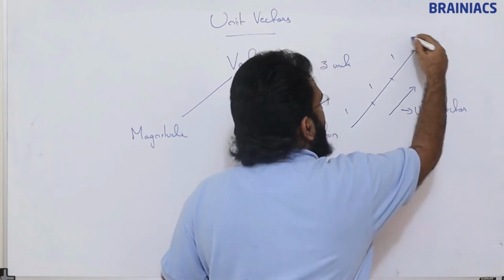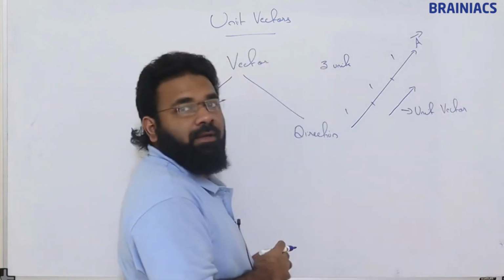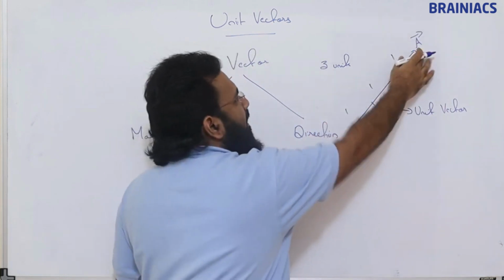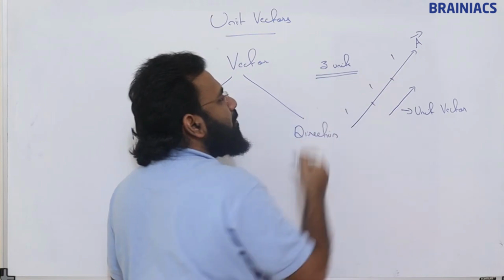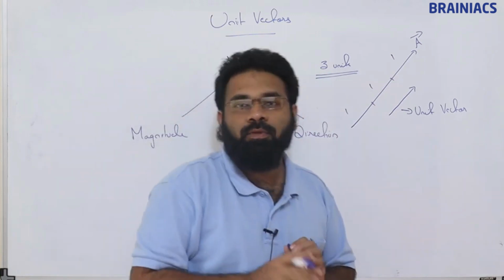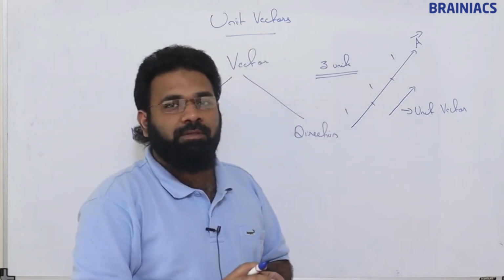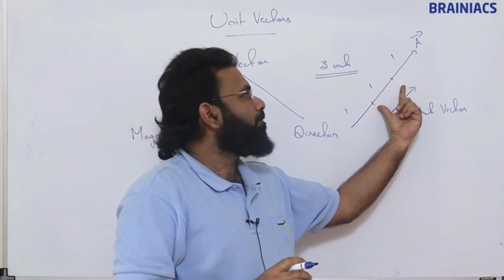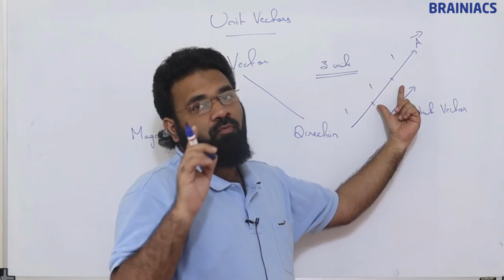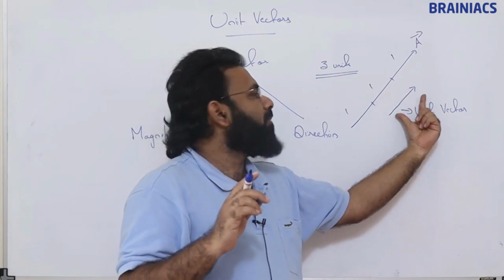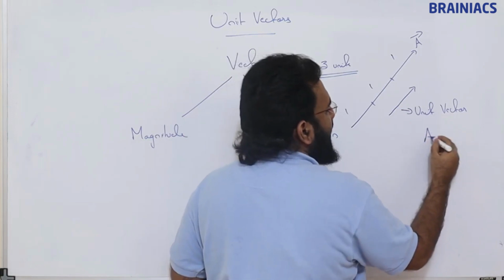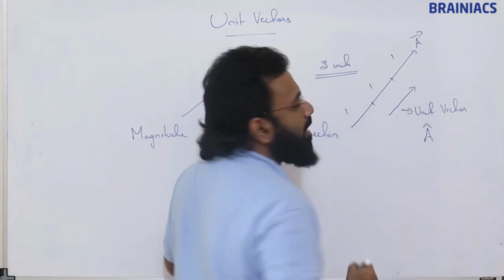If this is vector A, its direction is this, and its magnitude is 3 units. Now we just need to mention the direction. We cut a part of vector A which is of magnitude 1 and mention the direction. This is the unit vector of vector A. We put a cap there.